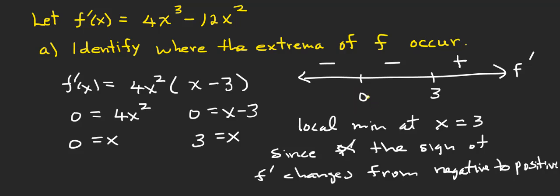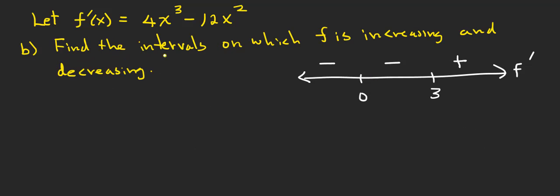Now what happens at x equals 0? Nothing, because the sign of f prime did not change. Now part B says find intervals on which f is increasing and decreasing. So in order to do that, we need to again look at the f prime chart which we got from part A. And we know that when f prime is negative, that means f is decreasing.